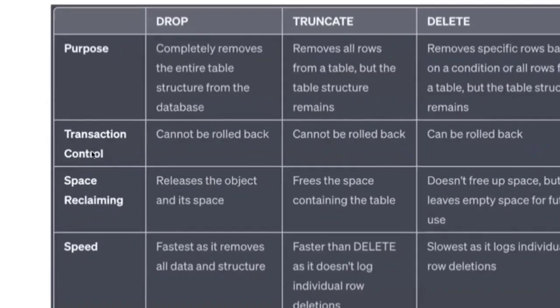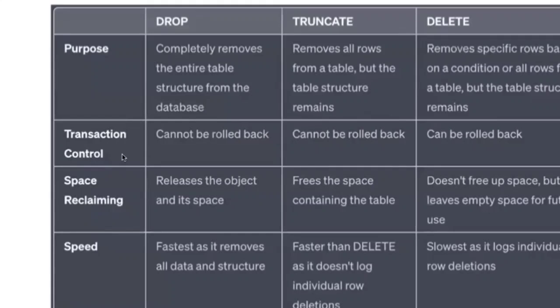So this is also a very important part, right? When the interviewer is asking this difference question, he is expecting two answers from your side for sure, like two mandatory answers. One answer with respect to the transaction control, and a second answer with respect to the performance and the space removal, right?